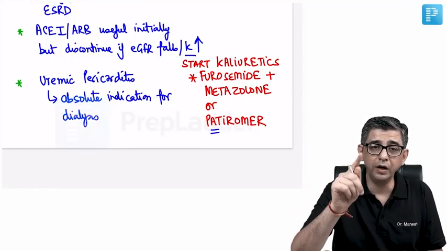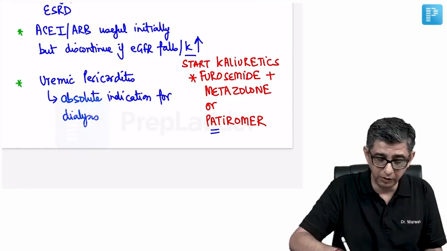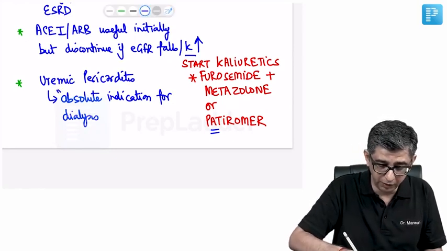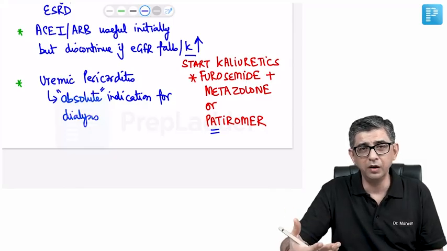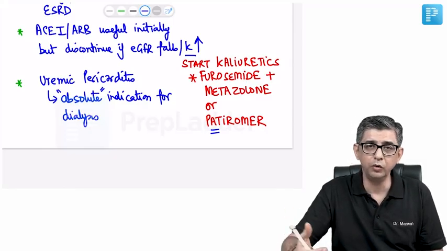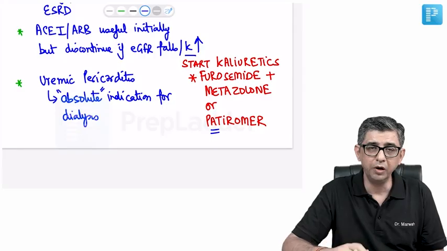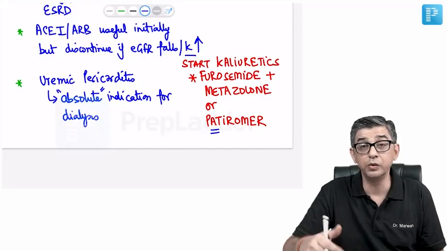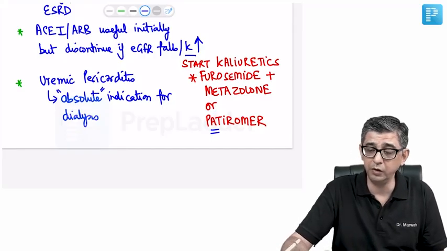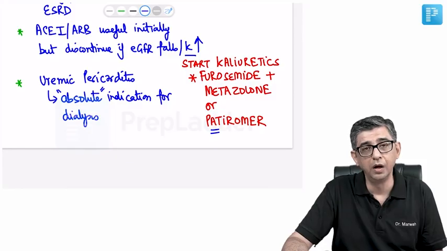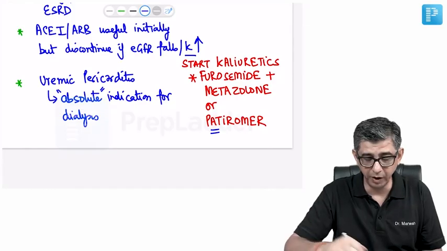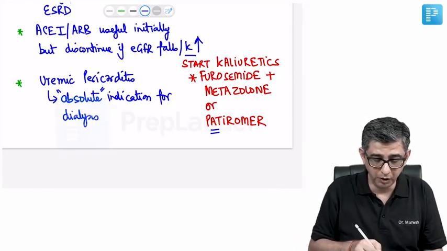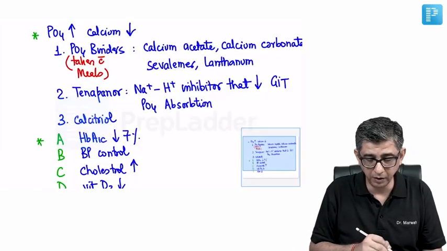But if he says absolute indication for hemodialysis, then the answer should be given as uremic pericarditis. Urea will not only contribute to uremic encephalopathy, but it will contribute to uremic pericarditis also. And suppose you get a question in which uremic pericarditis and uremic encephalopathy both are given, and he asks you to select one as absolute indication, don't select uremic encephalopathy. Your first primary answer for doing a hemodialysis would be uremic pericarditis.